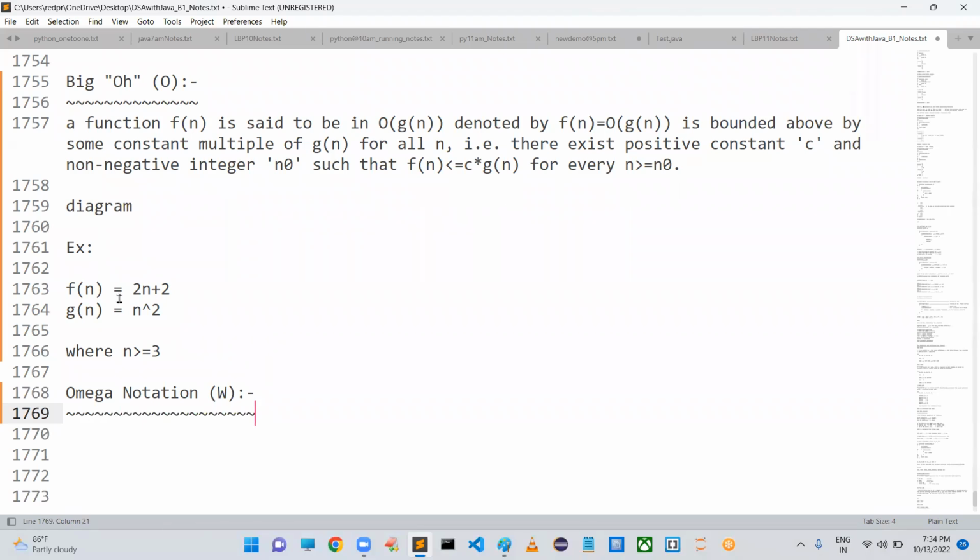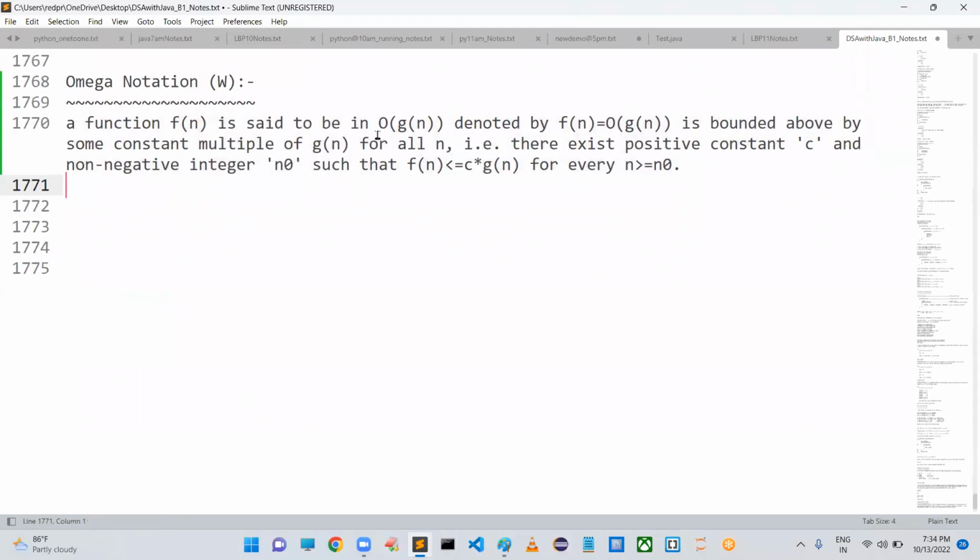What will be the definition? A function f of n is said to be omega of g of n, denoted by f of n is equal to omega of g of n, if f of n is bounded below by some constant multiple of g of n for all values of n.